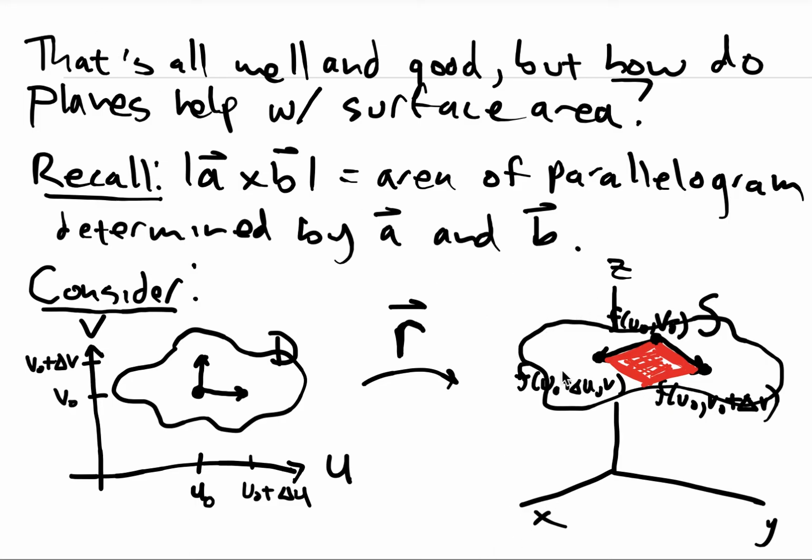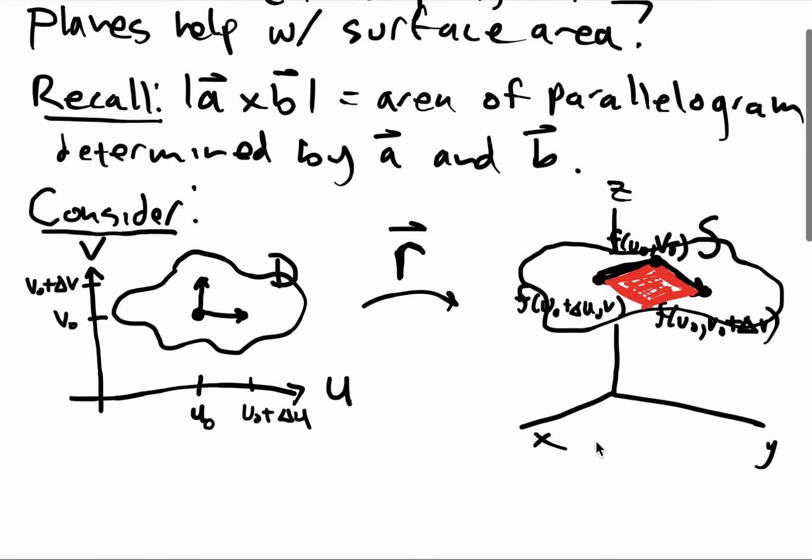We said that we wanted to try to approximate our surface with a bunch of parallelograms. Well, I can think of those vectors that we were using before, something kind of similar to our tangent vectors, as determining little parallelograms on these surfaces. What I could do is find the area of each individual one, and then sum across all of my areas.